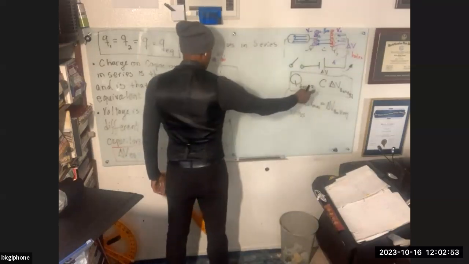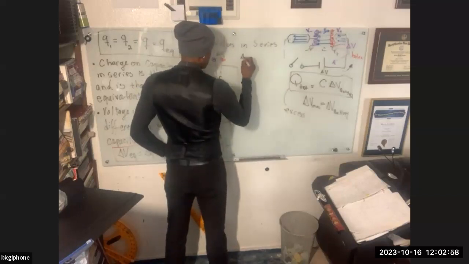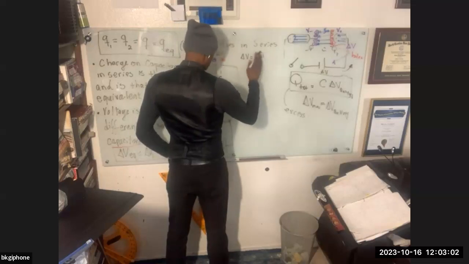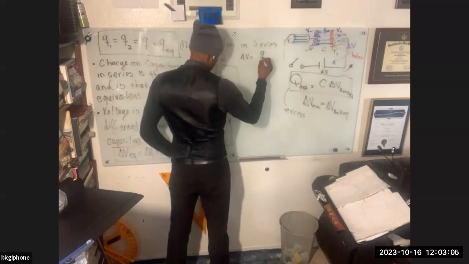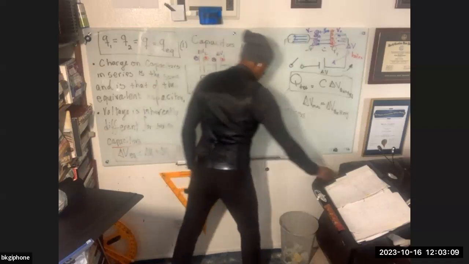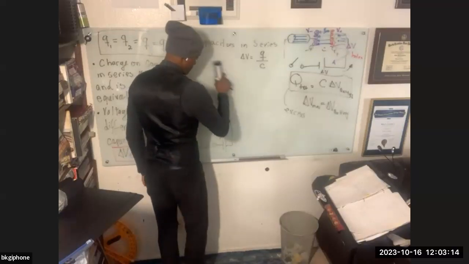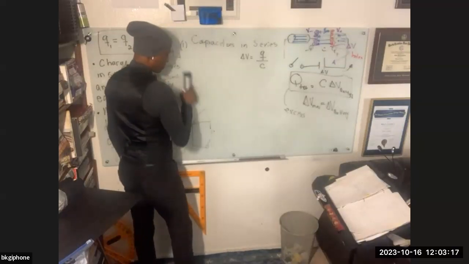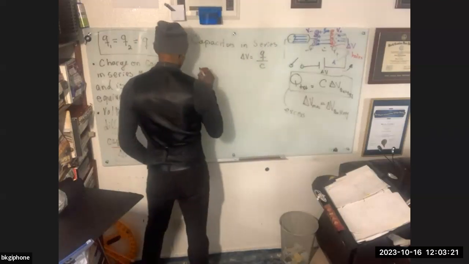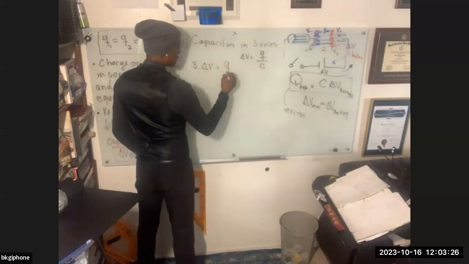So remember from this, we get that delta V is equal to Q over C. So I put this in here. Let's erase this now. What we have is delta V equal to Q over C.